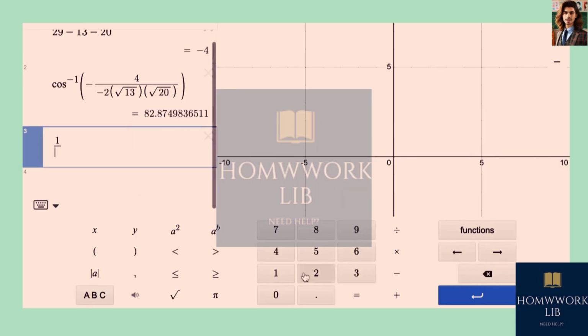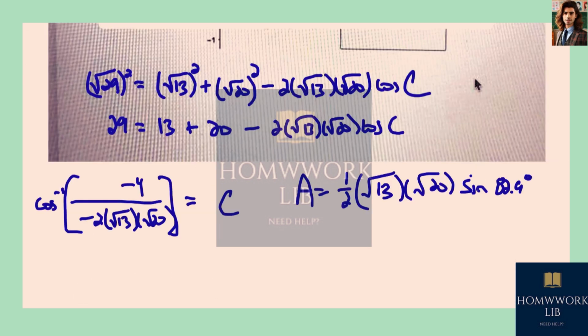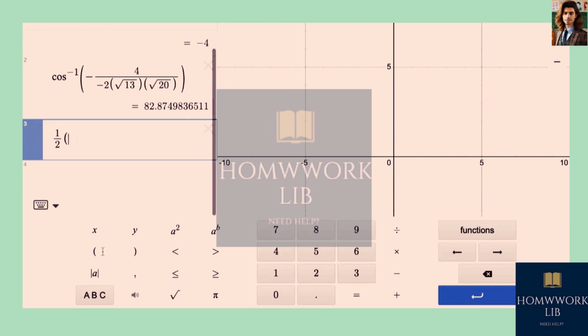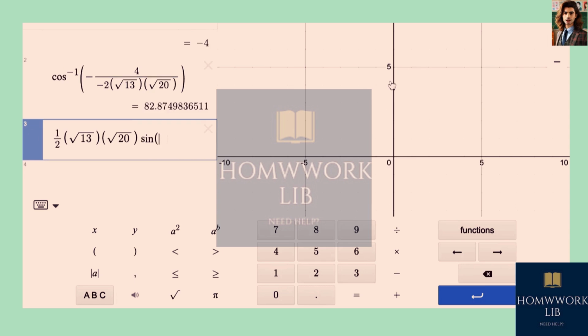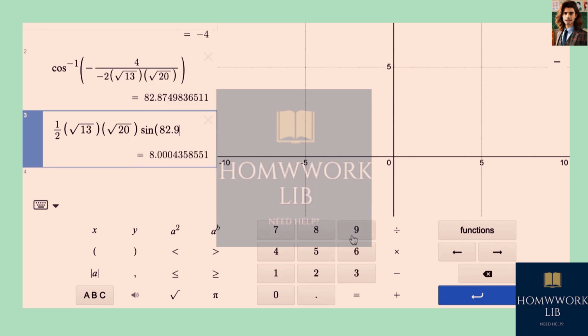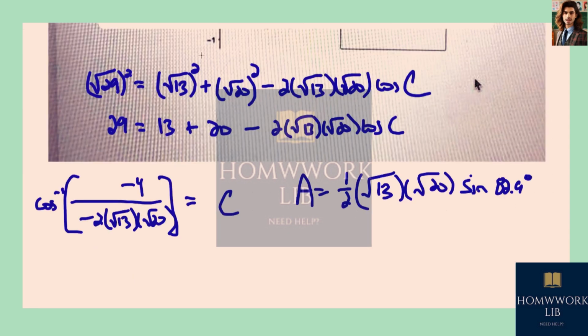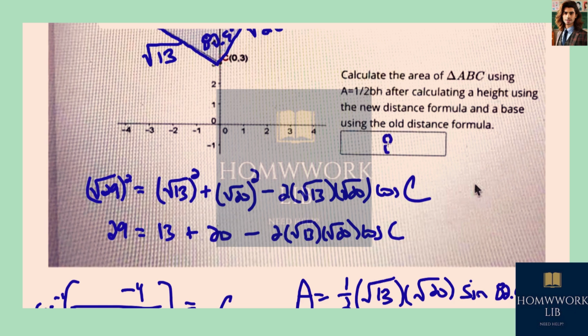So 1/2 times the square root of 13 times the square root of 20 times the sine of 82.9 degrees is 8. That would be 8 square units.